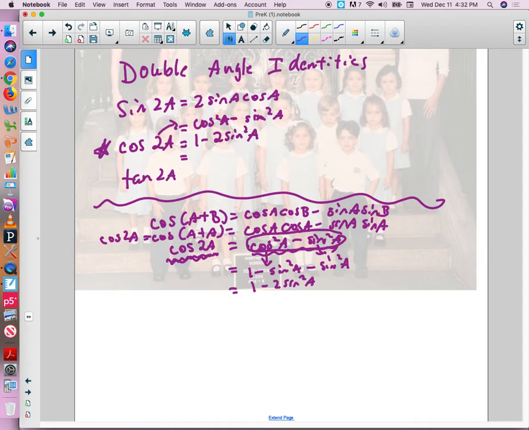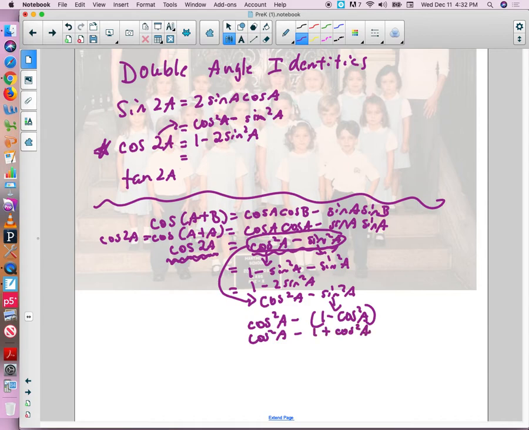Or I could go back to this one and change this one. So I have cosine squared minus 1 minus cosine squared. Distribute your negative behind the minus sign, and that gives me 2 cosine squared A minus 1.